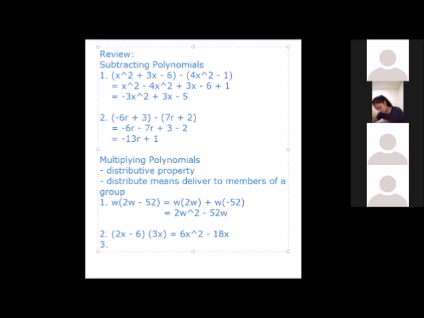In maths, we call it the commutative property of multiplication. Commutative property tells us that the order of the factors, so 2x times 3x and then negative 6 times 3x, will not affect the product. That's why it is the same as 6x squared minus 18x. Maybe the arrangement will just be different for the final answer, but it is still the same.